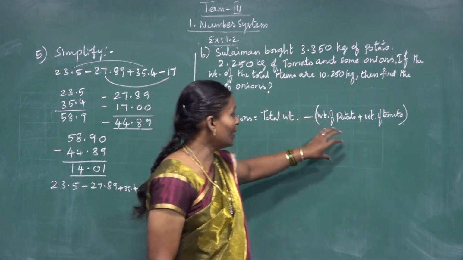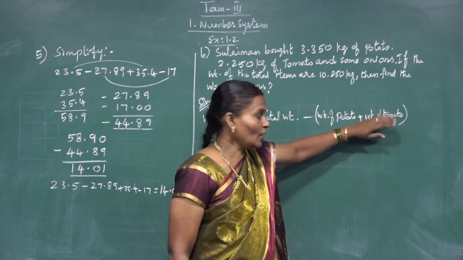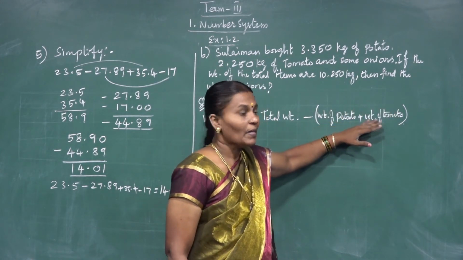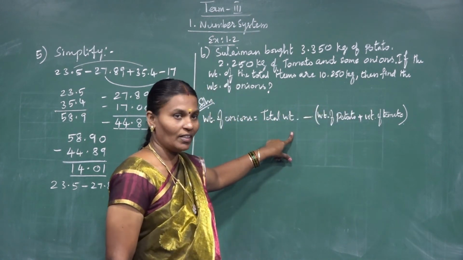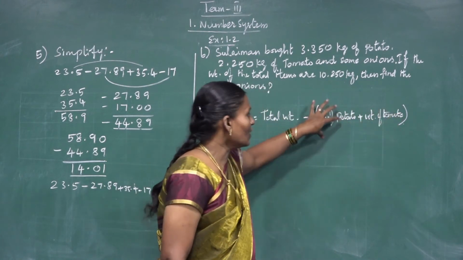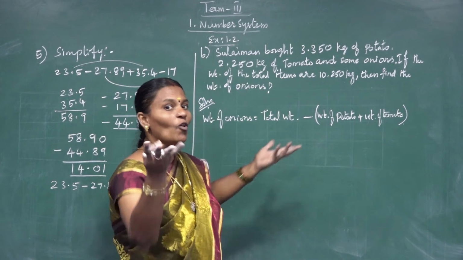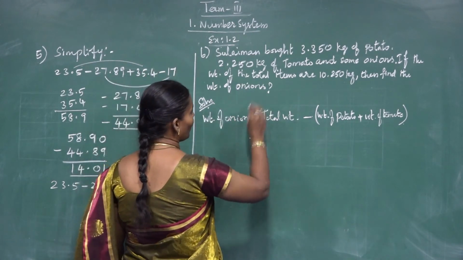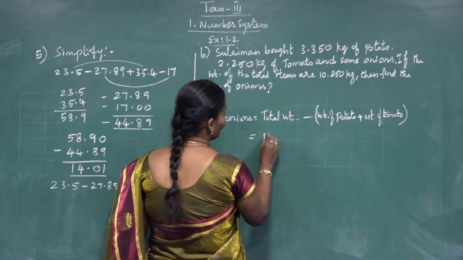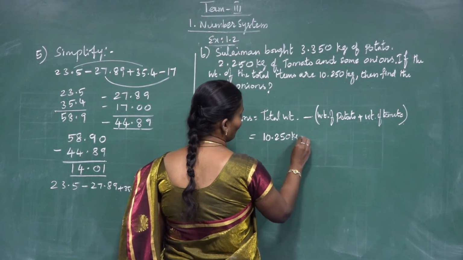First, you have to add the weight of potato and the weight of tomato, these two weights. Then you subtract them from the total weight, and you get the weight of onions. Understand, children? Good. So what is the total weight here? The total weight is 10.250 kilograms.